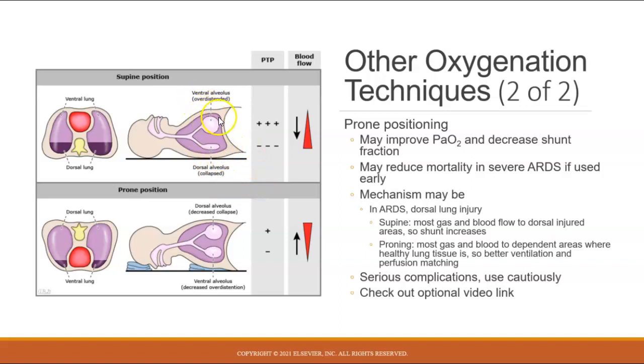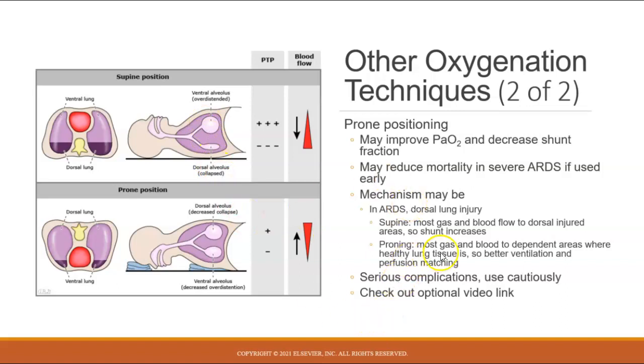Gas is going to be up here, and those dorsal areas are not going to be ventilated very well. The blood is going down here. So all the areas that are getting ventilated aren't getting blood flow. So that's going to increase the amount of shunt that's happening.